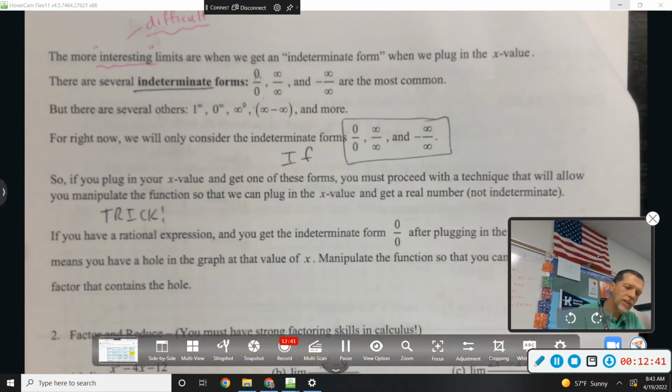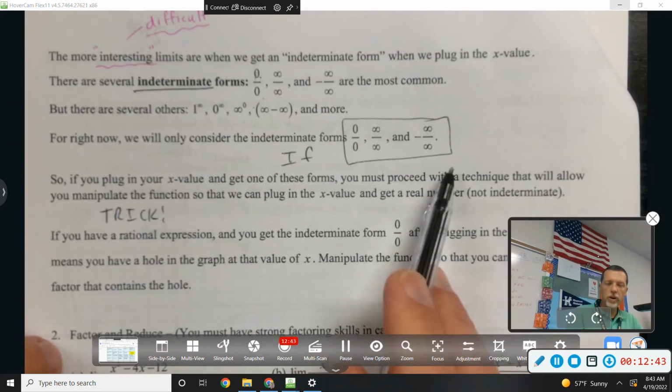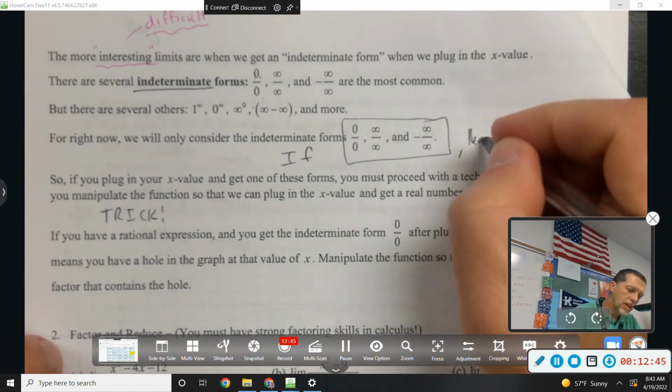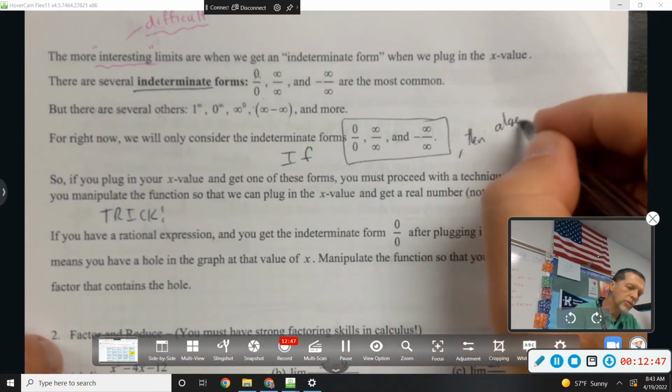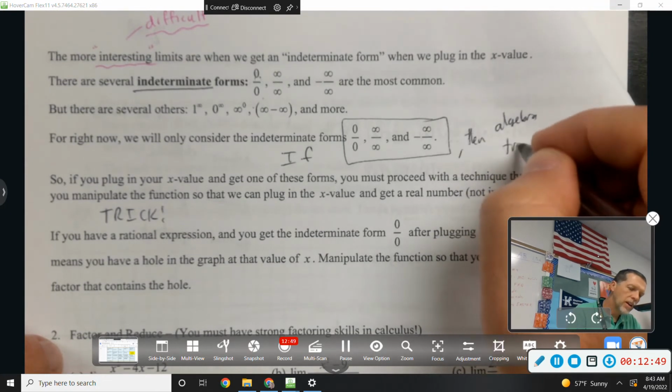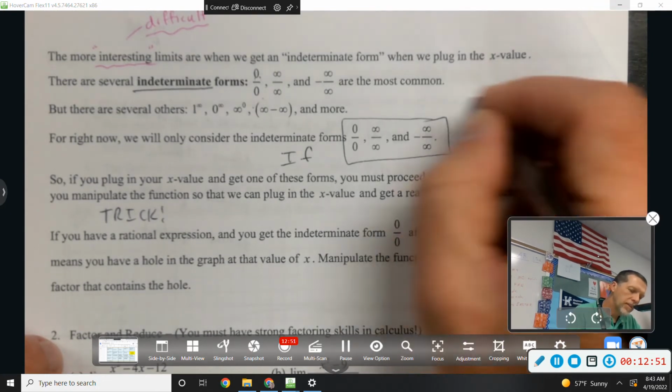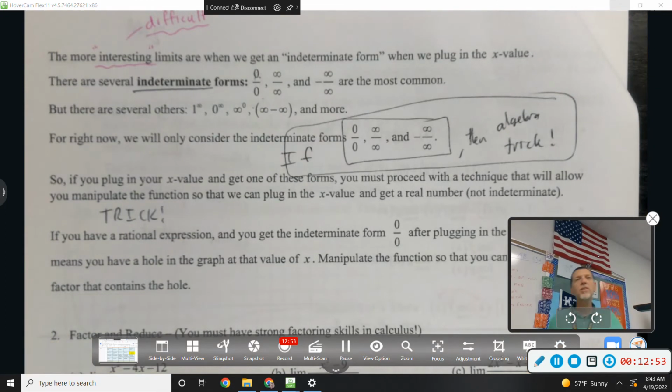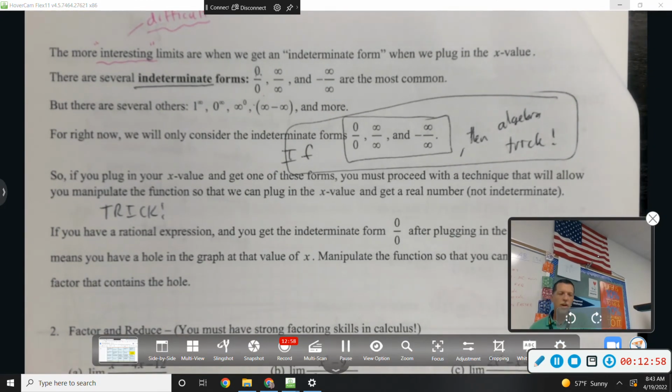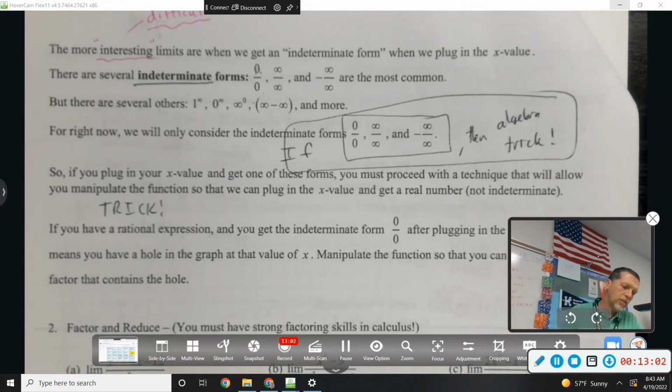So if you get one of the weird forms, then you have to do an algebra trick. That's the point of the second page. If you get something that doesn't make sense, you got to do an algebra trick. In calculus, you'll learn the calculus trick for these, but first let's worry about the algebra trick.